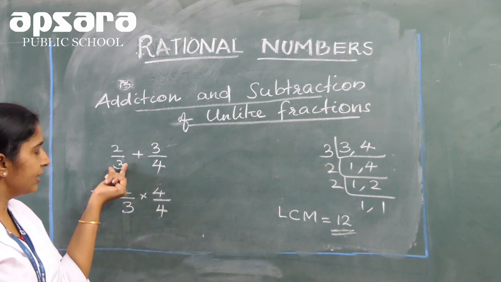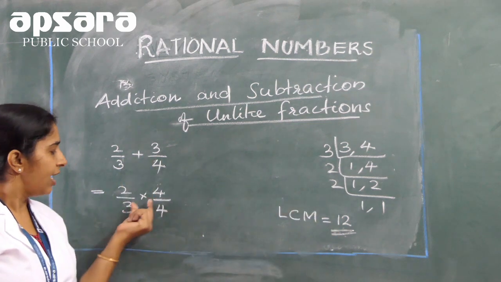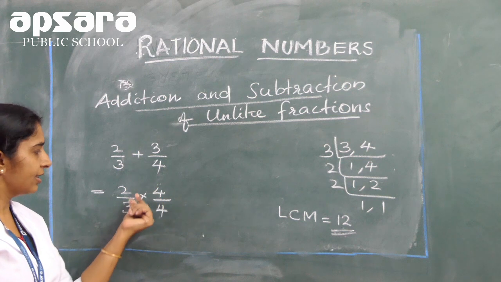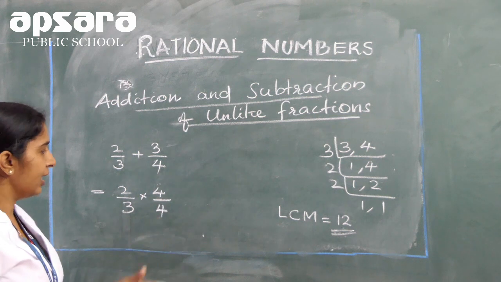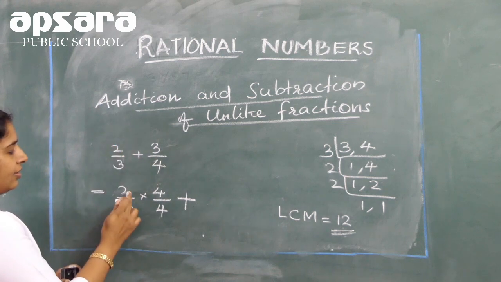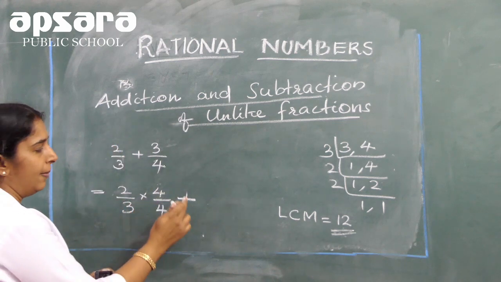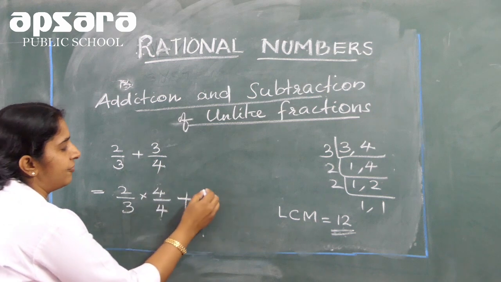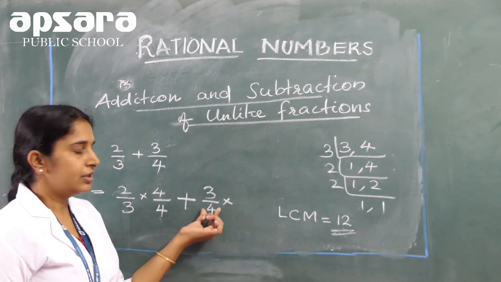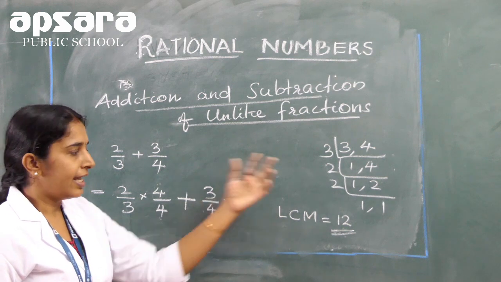So its value will be the same. In order to make the denominator as 12, we have multiplied 3 with 4. Now take the second. Plus 3 by 4. Here also you have to convert this denominator 4 as 12.